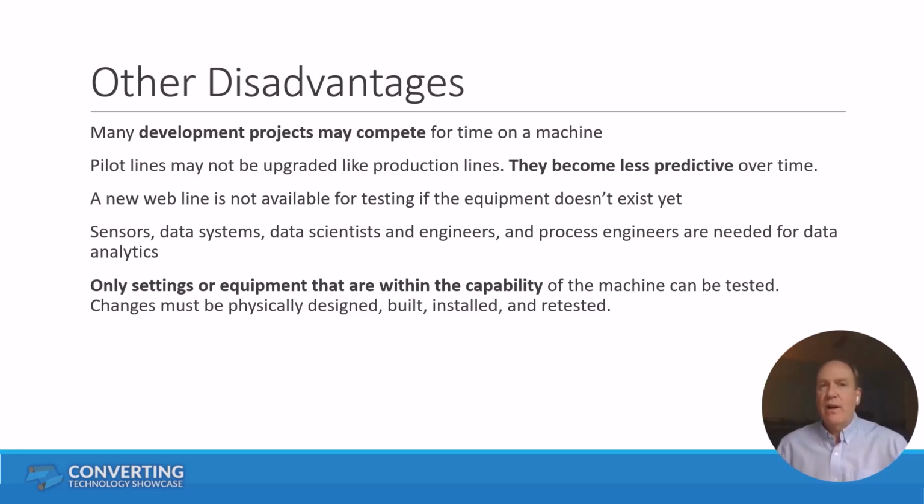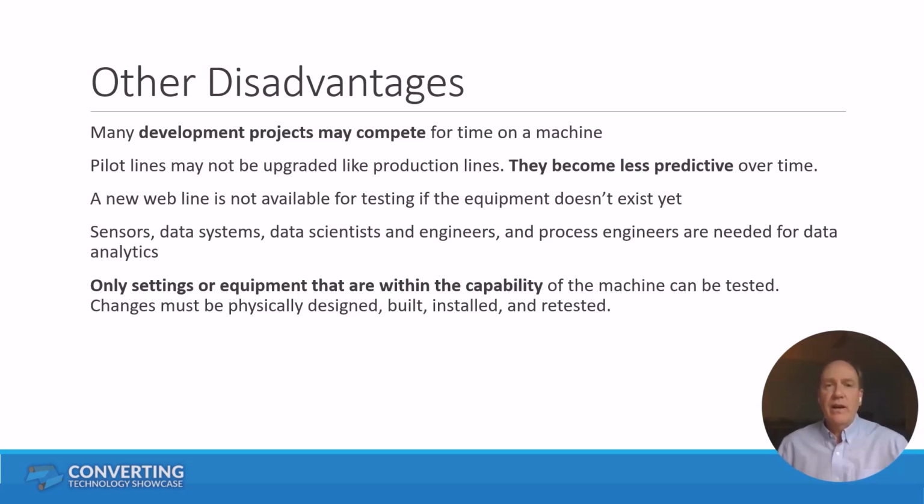If you're doing work on pilot lines, they may lag the upgrades that a full production line may get, so they may lag the actual process you see in production and may not predict it very well. Or conversely, they get all the new things, and so that's great for the pilot line, but they may not replicate what you're going to have in production. So they tend to become less predictive over time.